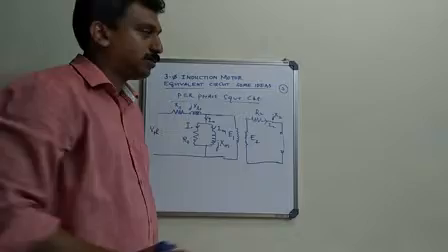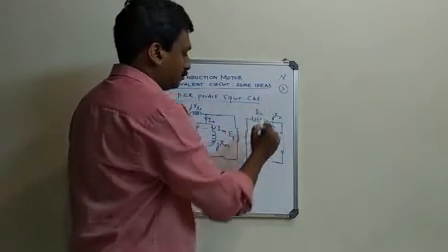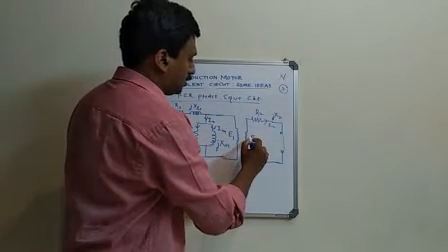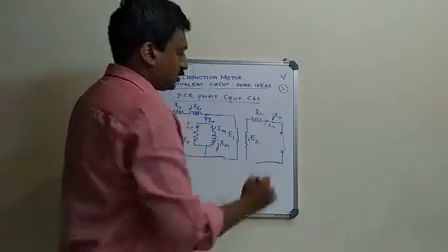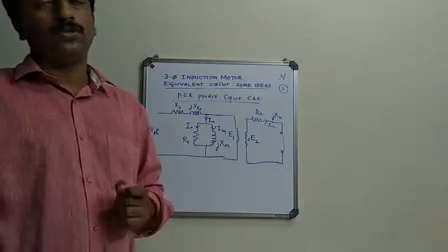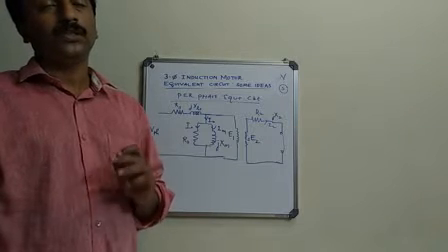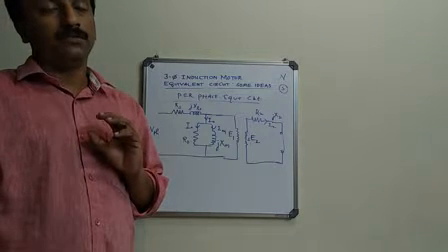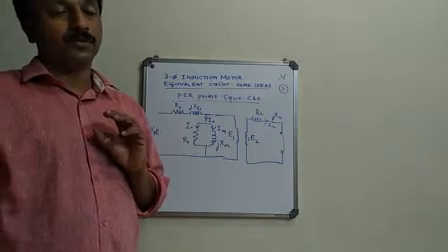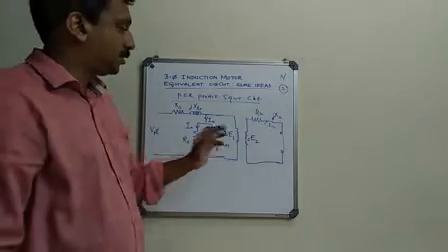Suppose it is rotating with a slip s, some speed, and this will be s times E2, where E2 is the induced EMF when the rotor is stationary.